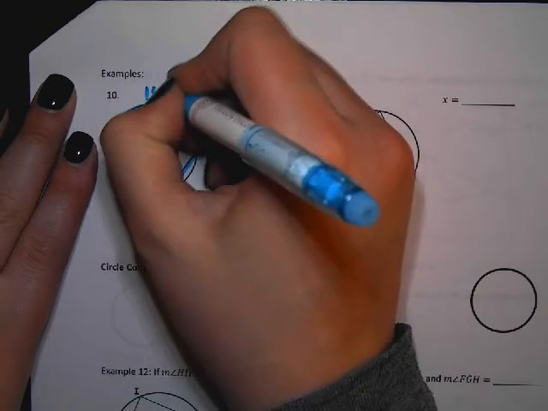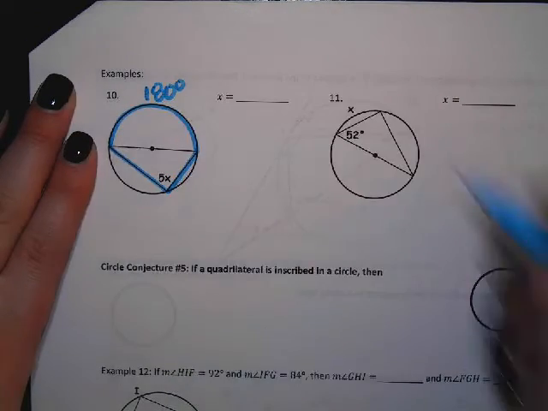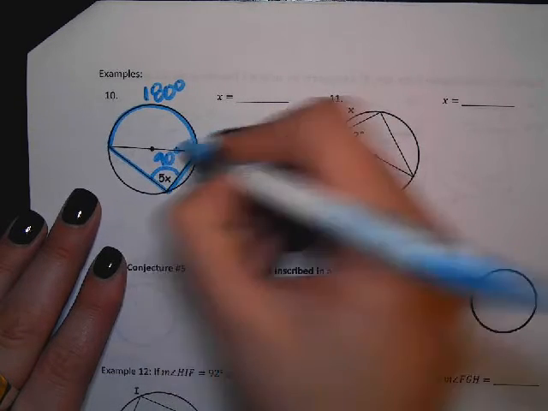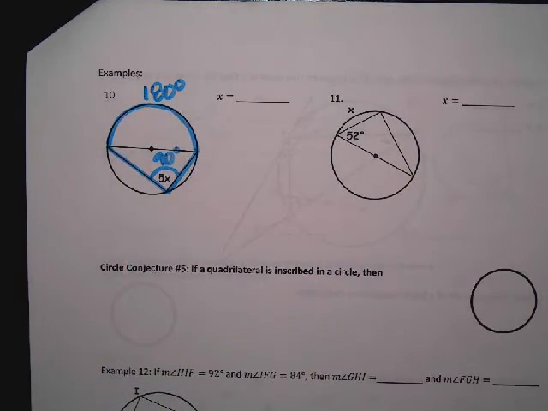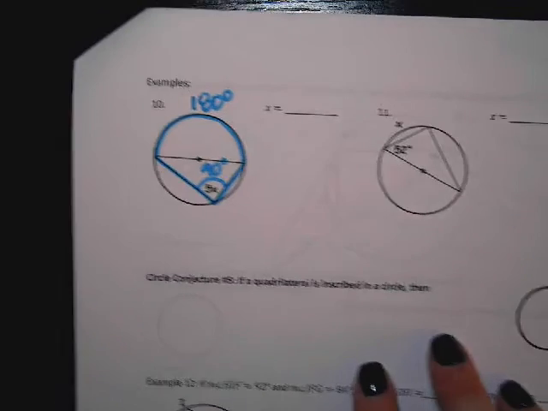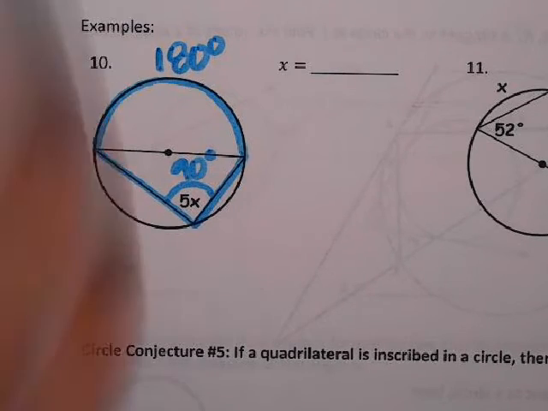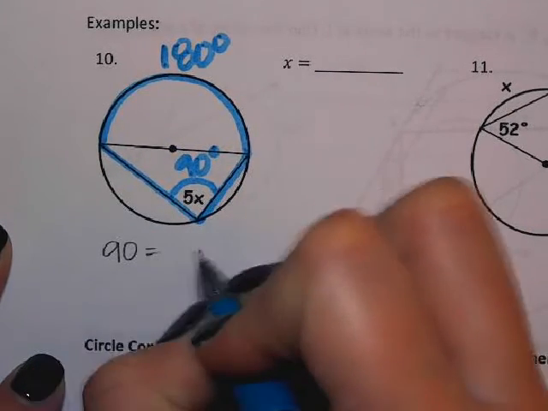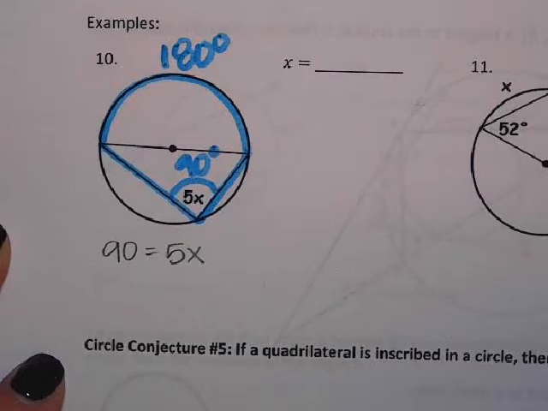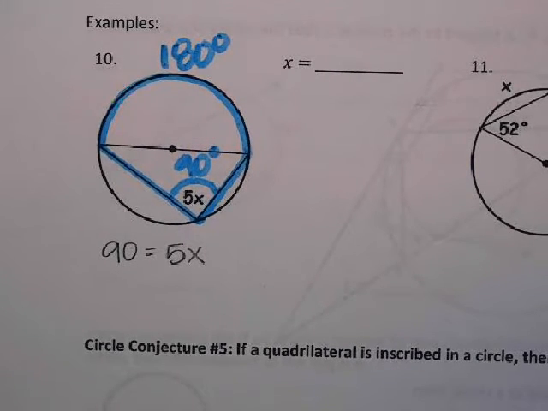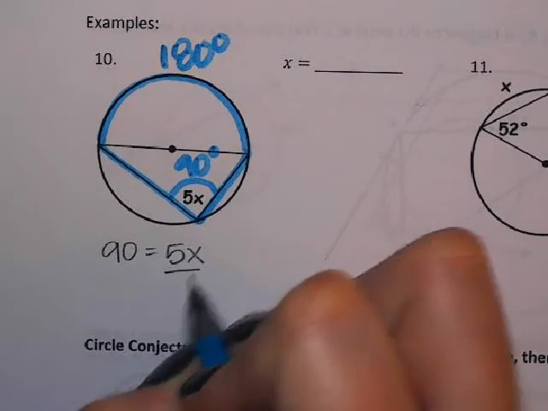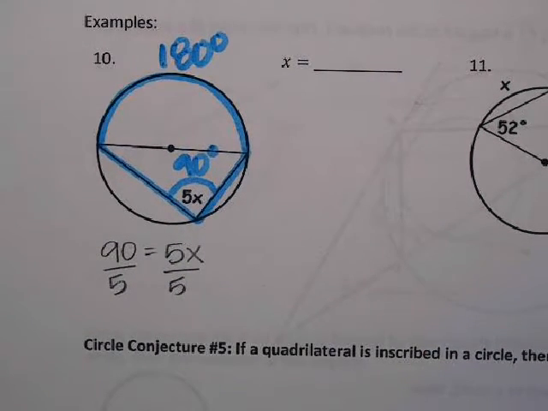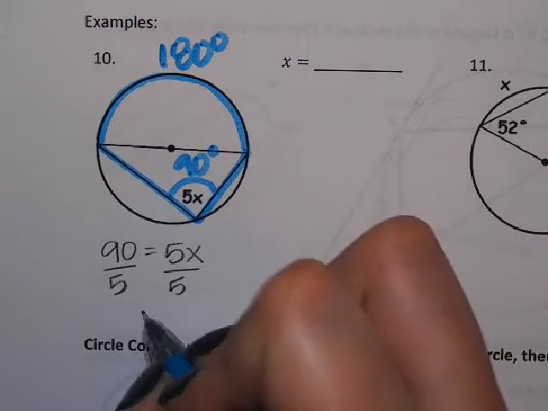That means the arc is 180 degrees, and so 5x is 90 degrees because that's half of 180. Now we have an equation to solve: 90 equals 5x. So what do we need to do? Divide by 5. 18.